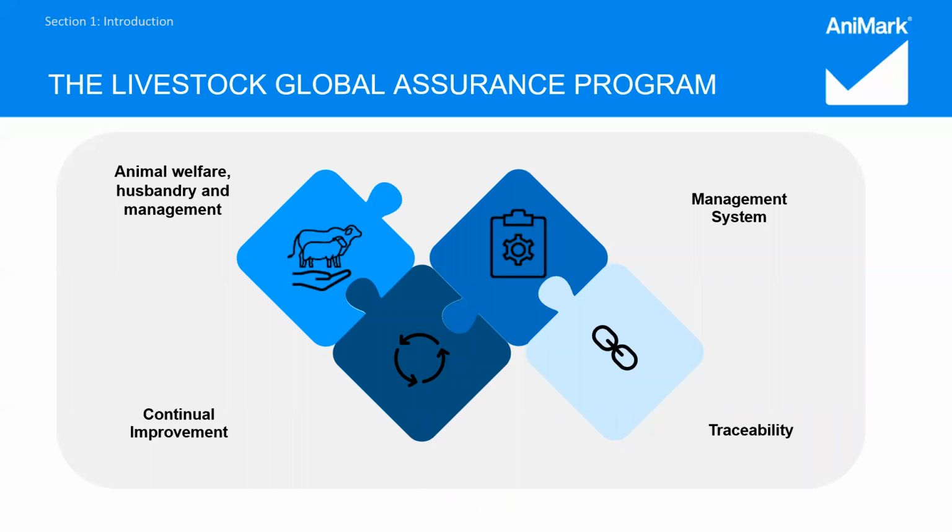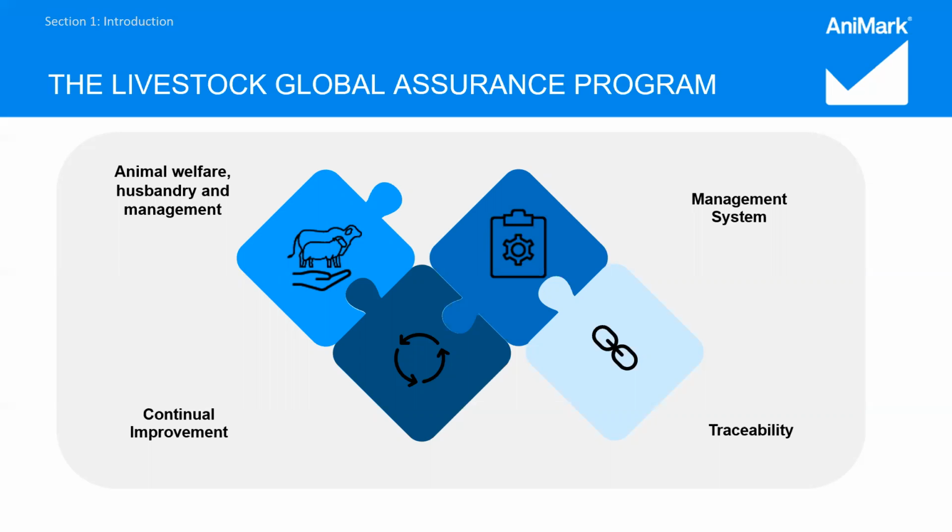The requirements in the LGAP standards focus on animal welfare, husbandry and management outcomes. It also focuses on traceability to ensure all livestock exported from Australia are managed in a way that meets those requirements. Livestock management and traceability outcomes will be influenced by the physical elements of each site and how each site is managed.